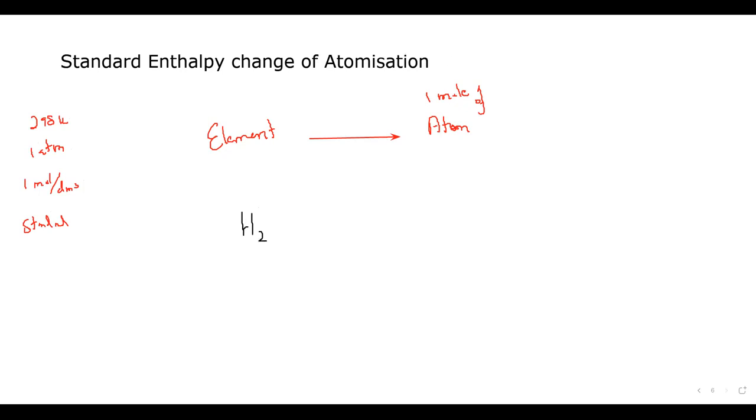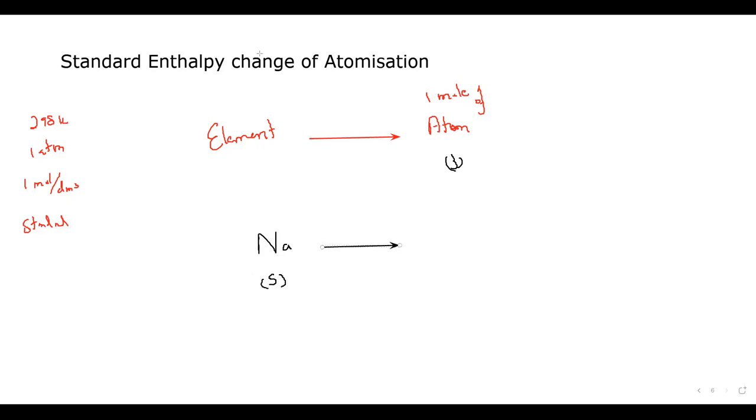So when we produce 1 mole of atoms in a gaseous state, start with a simple example, say we have sodium. Sodium exists as a solid. So we have sodium atoms in a solid state.